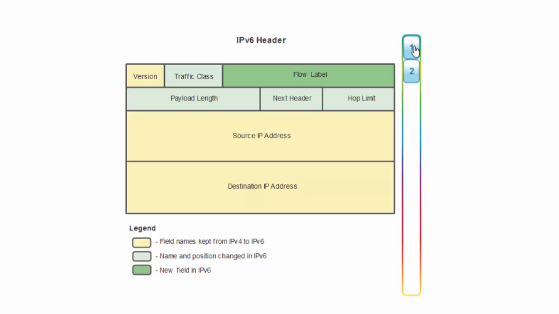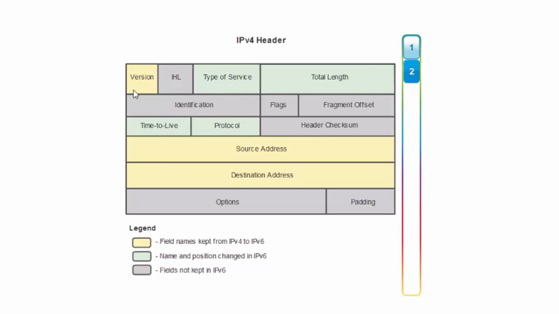Some fields like these yellow fields have been kept for IP address version 6. Some fields have totally disappeared, like these purple ones, and some have a replacement in IP address version 6, as we will see in a minute.